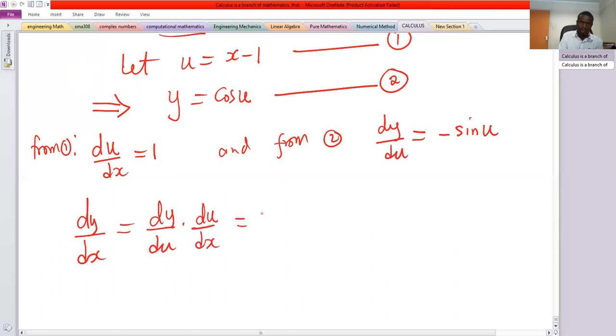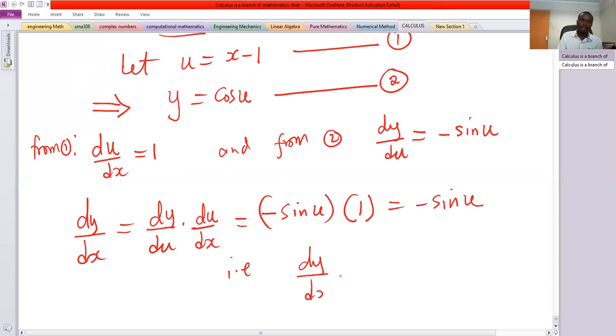So dy du, you put minus sine u, du dx, you put 1, because you get the same as negative sine of u. So dy dx will be negative sine of u, which is x minus 1.